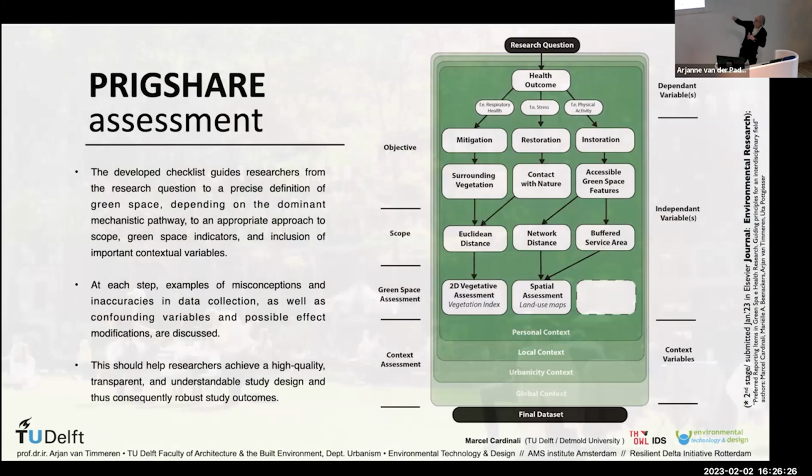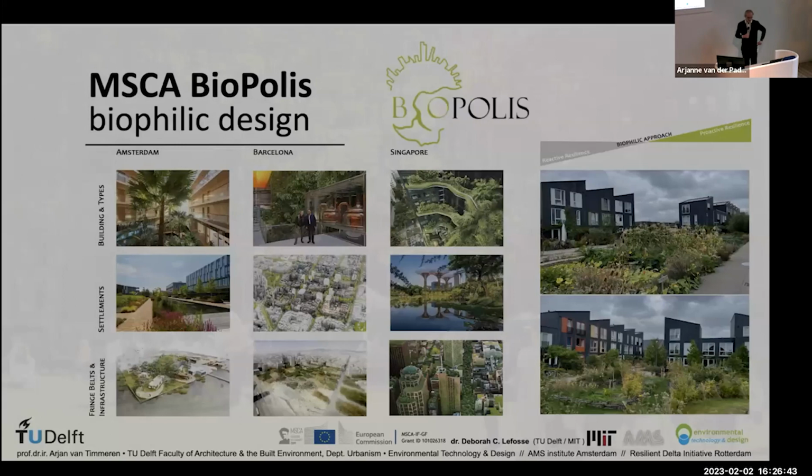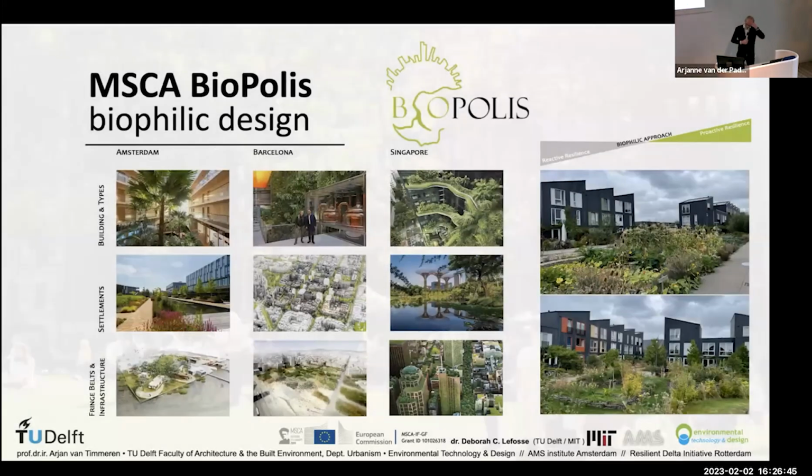It also includes what your desired health outcome is. Is it respiratory health? Is it about stress? Is it the restoration part? Or is it about physical activity? Would you like green to be accessible? I think it is very important that you set the goals you would like to achieve.